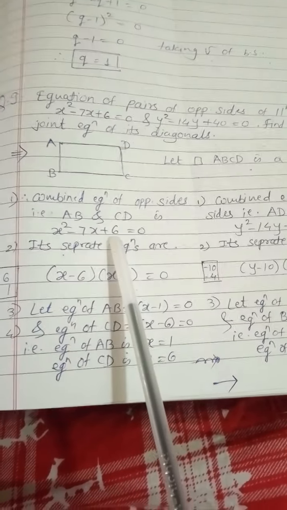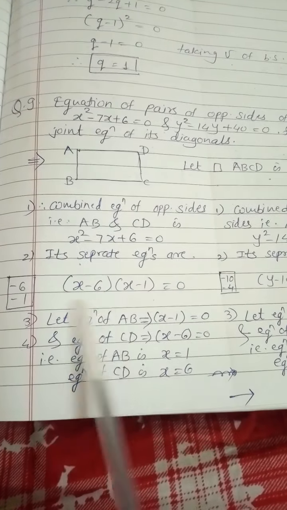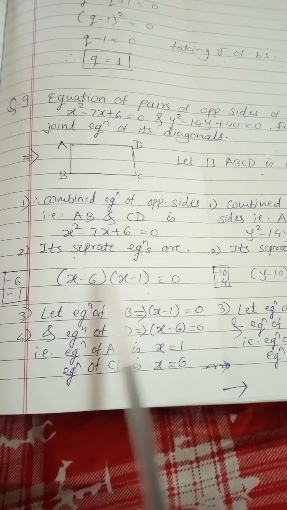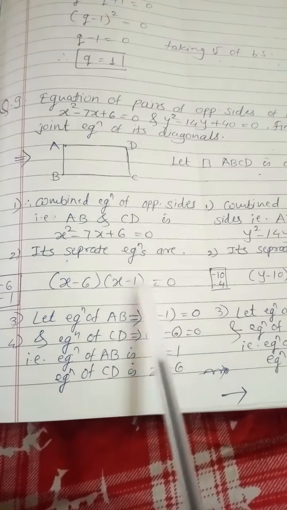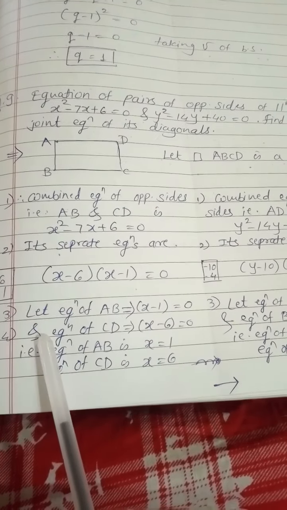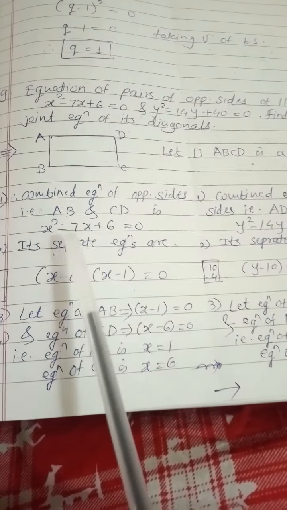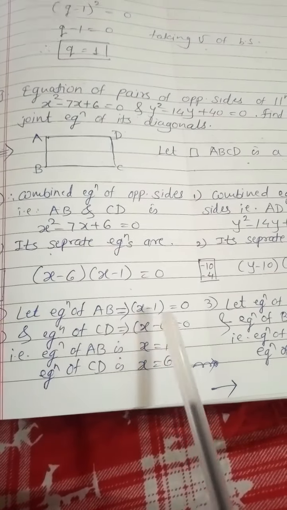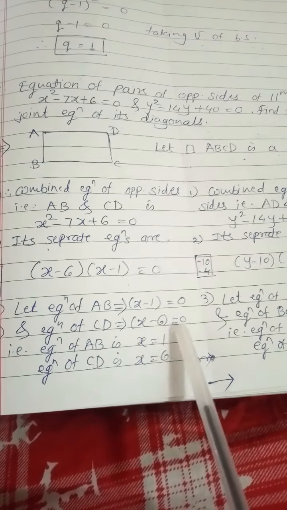The factors of 6 are 6 and 1, so by solving this we get these two brackets, x minus 6 and x minus 1 is equal to 0. So these are the two separate equations of the lines. Now there are two lines, AB and CD. We consider that the equation of AB is x minus 1 and the equation of CD is x minus 6.